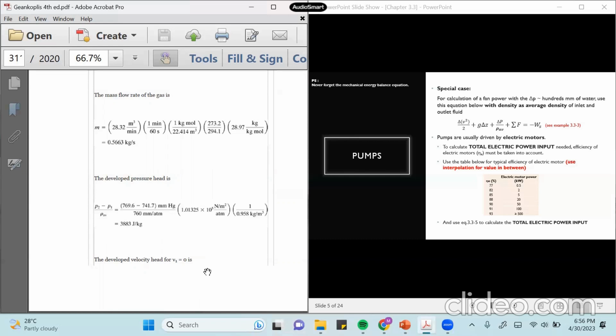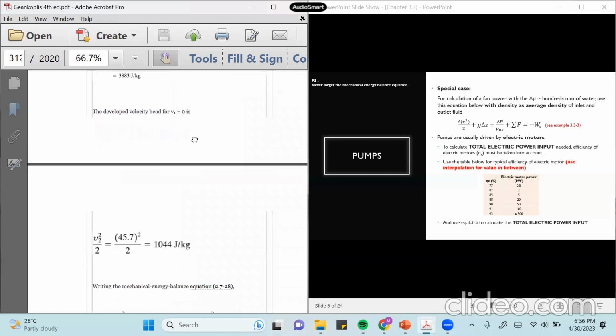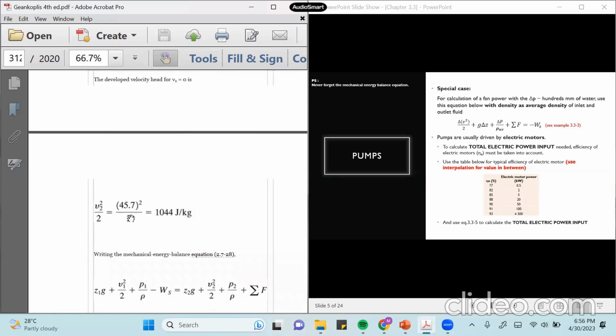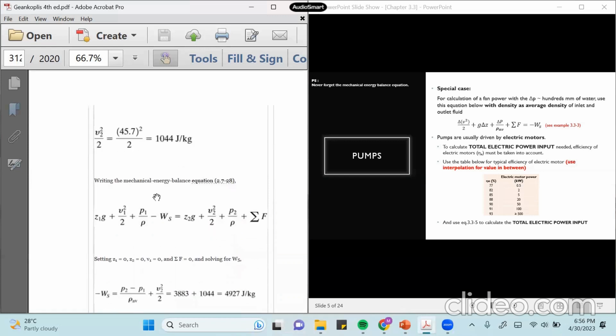Because when we use the fan, at first, the velocity of air is at rest. Once it passes through the centrifugal fan, then it has a velocity. So V1 is 0, V2 is 45.7. So it becomes like this. And then writing the general mechanical energy balance equation like this.